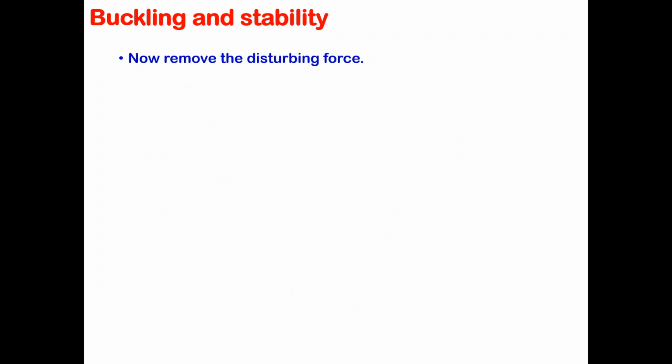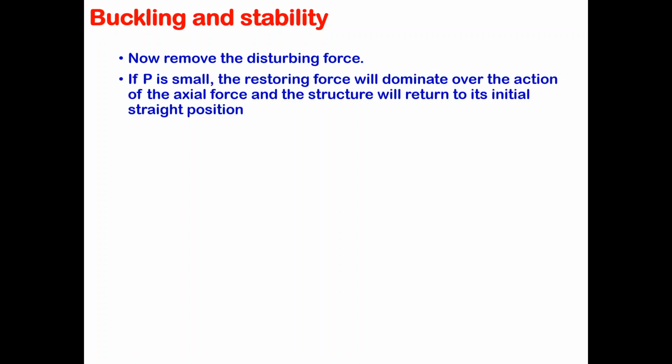Now what's going to happen if we remove the disturbing force? Okay, if your P, the load you have applied, is very small, the restoring force will dominate over the action of the axial force, and the structure will return to its initial straight position. Then we call that structure stable.